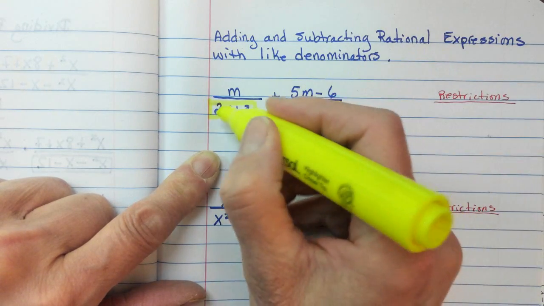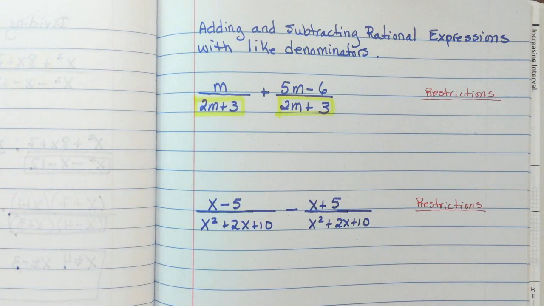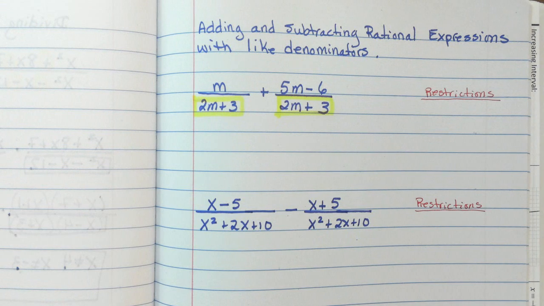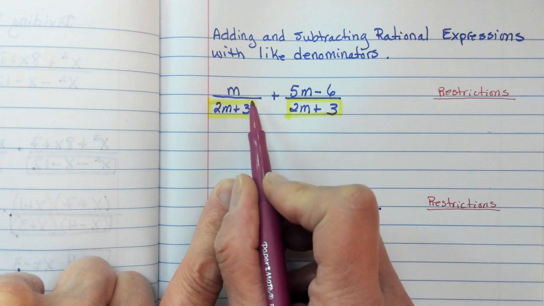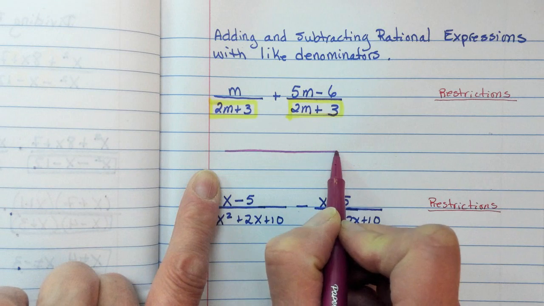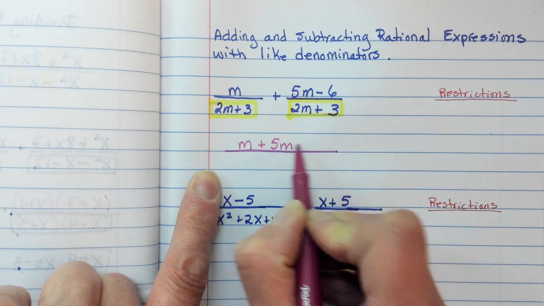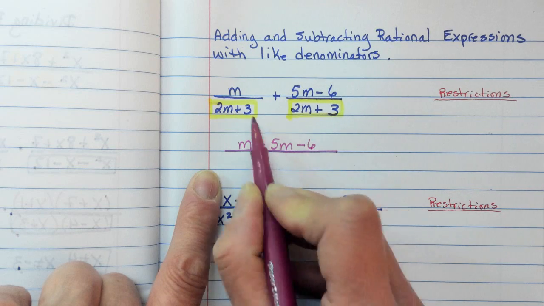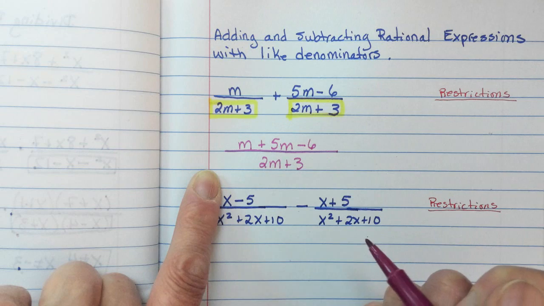That is one number. So when we are adding fractions, if the denominator is the same, we simply have to add the numerator. Because this is a plus sign, it's pretty straightforward. So this is the same thing as having one numerator, m plus 5m minus 6, and one denominator, 2m plus 3.